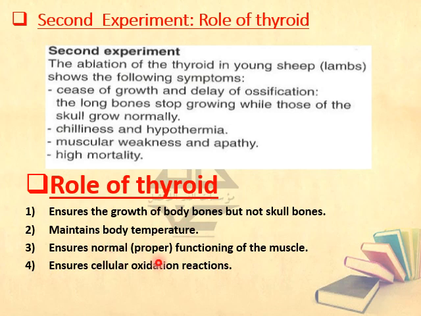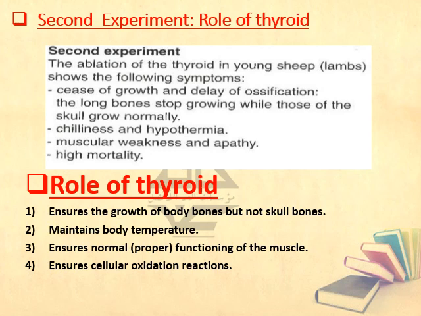It's important for the proper functioning of the muscles. Its absence, as you've seen, causes muscular weakness and apathy. So it's responsible for the normal functioning of the muscle. And finally, it's important for cellular oxidation reactions to take place in a proper manner. So from the second experiment, we identified why the thyroid gland is important in our body.